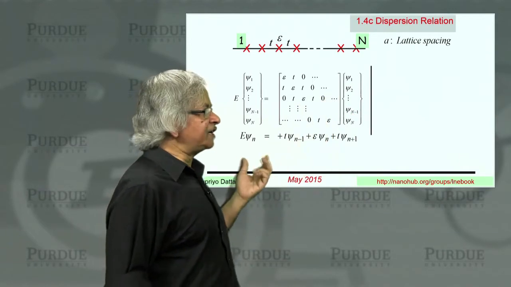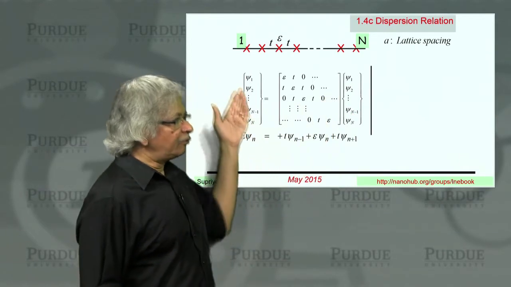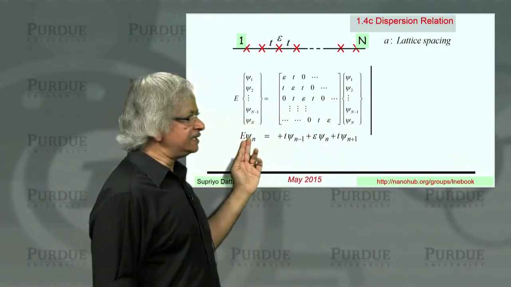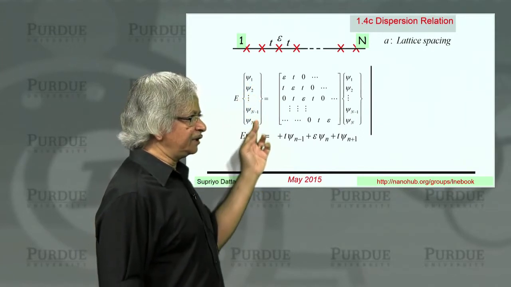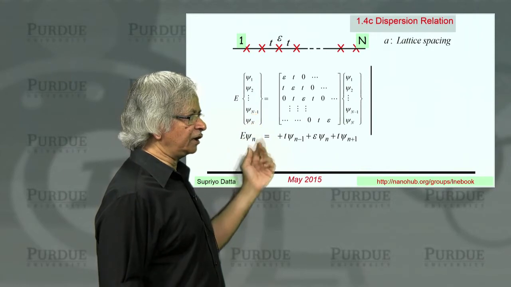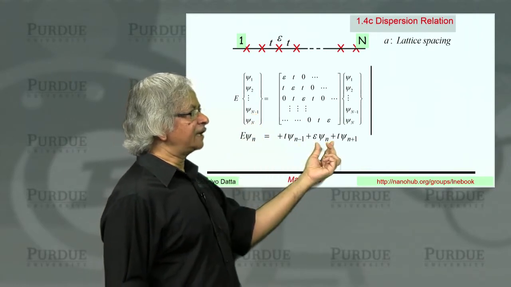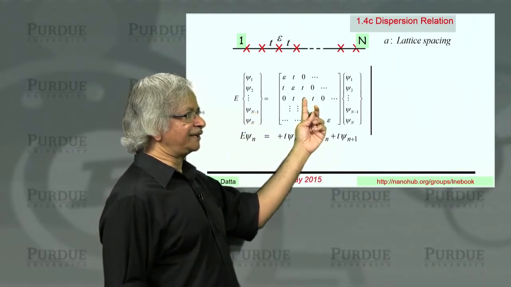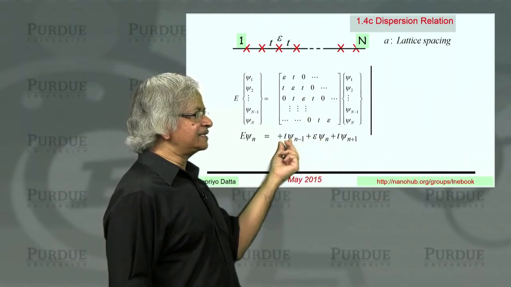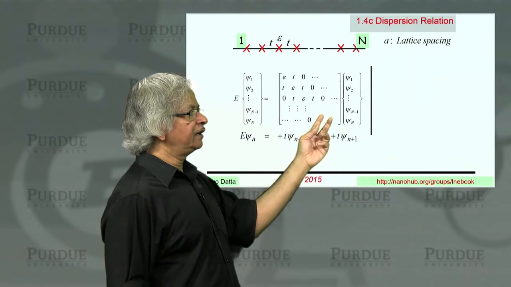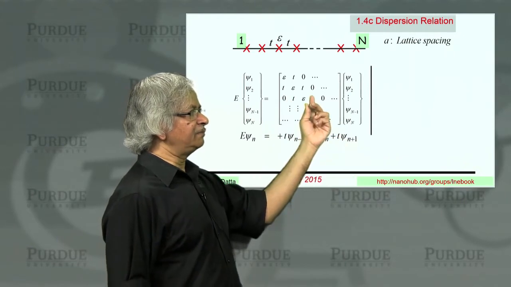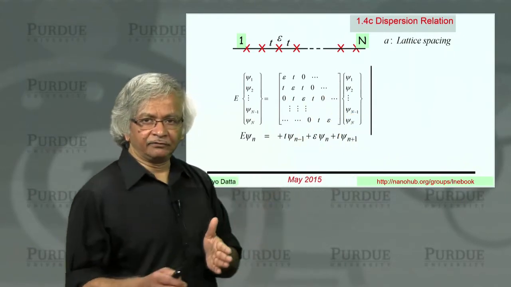Right? And so in general, you could write one of those equations as E psi n, n being the small n telling you which row you are on, and that's equal to epsilon psi n, because epsilon's on the diagonal, and then T psi n minus 1, because T connects the one just before it, and then T psi n plus 1, because that T connects the one right after it.